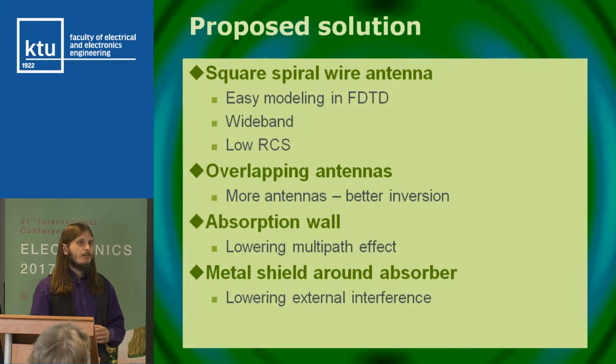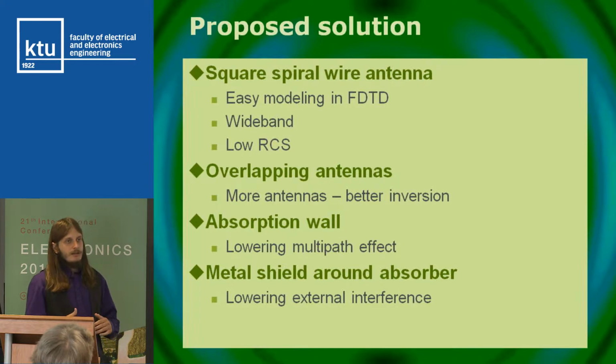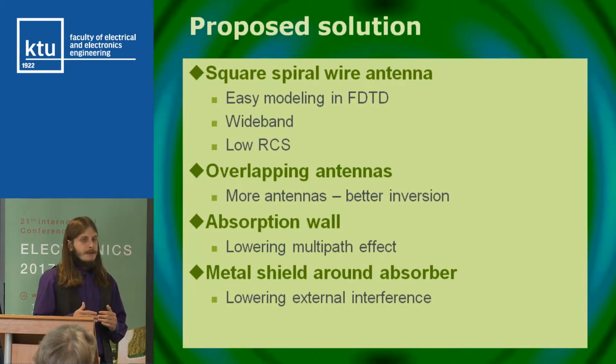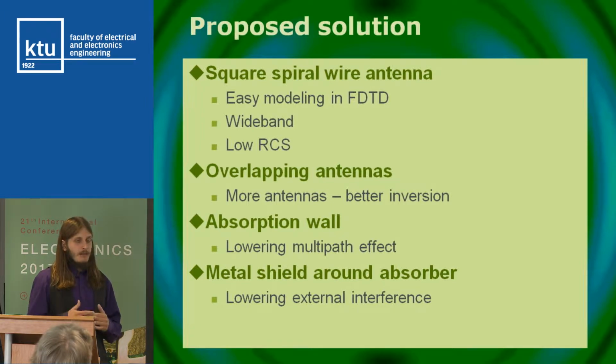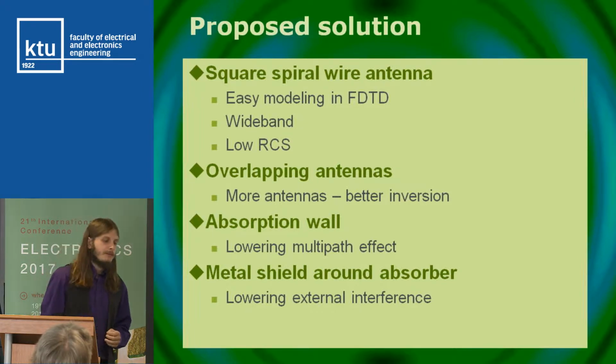That means it has low reflection to the chamber, which could be problematic in near field imaging of microwave tomography. We also made a methodology to interleave antennas one behind the other, so we can pack more antennas in the same space and have better inversion in the future.